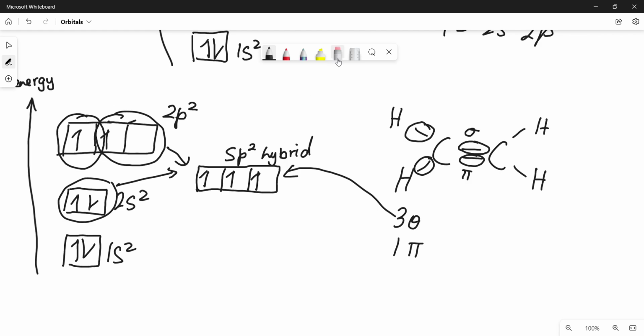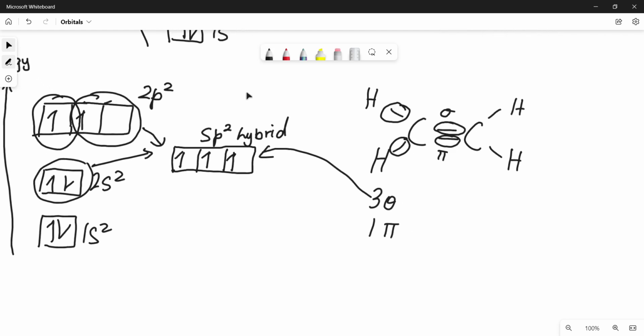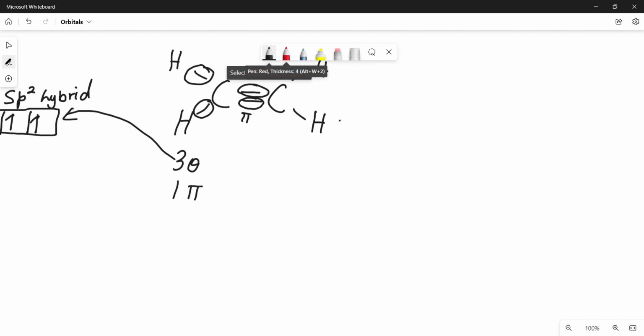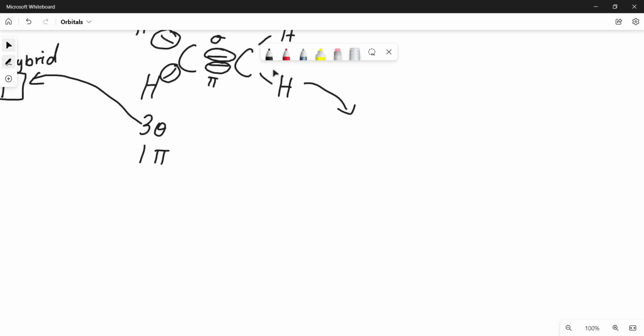And how this looks in space. Let me draw that real quick. So let's say you want to draw this looking as fancy and visual as you can. So you have C, let's draw the C as just a particle or a nucleus, and let's say it has, how can I do this?